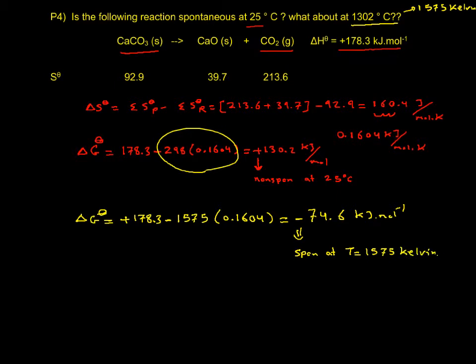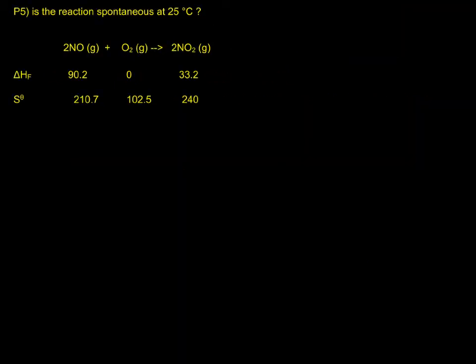The next question, this time I'm not giving you delta H of reaction, we rather have to calculate it. So remember that when formation is given to you, elements by definition have delta H formation of 0. So delta H of reaction is simply the sum of enthalpy of formation of products minus the sum of enthalpy of formation of reactants.